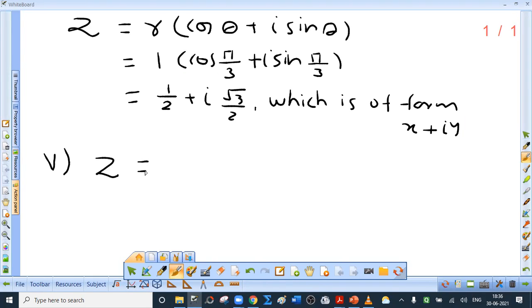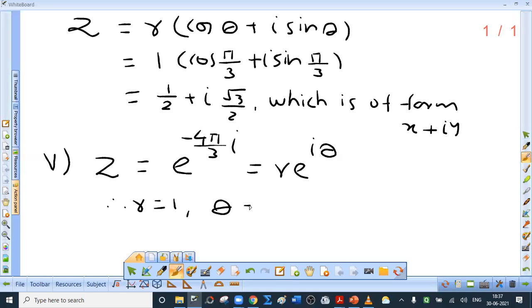So z equal to e raised to minus 4 pi upon 3i equal to r e raised to i theta. Therefore r equal to 1 and theta is minus 4 pi upon 3.